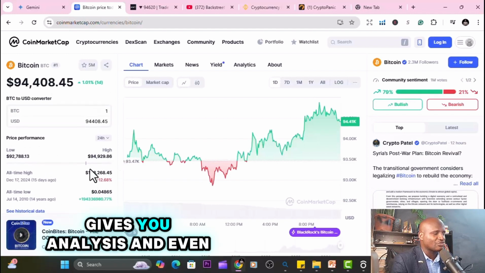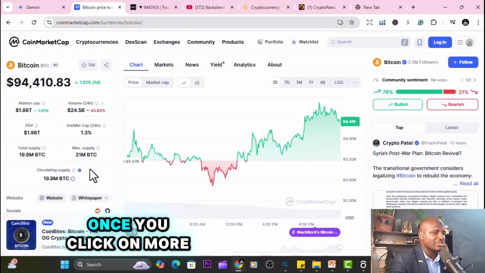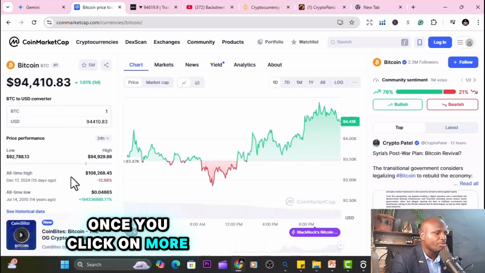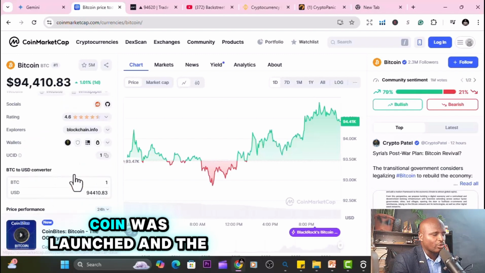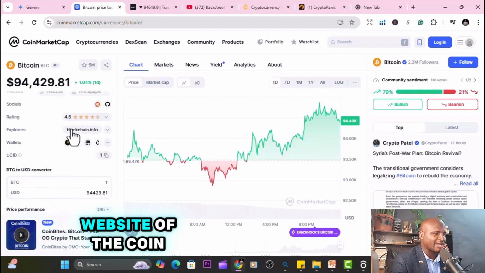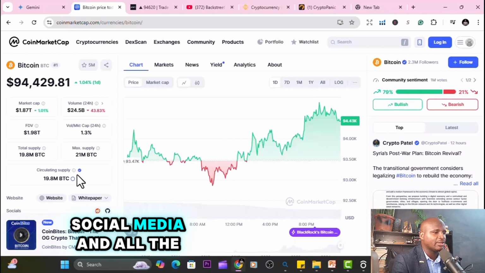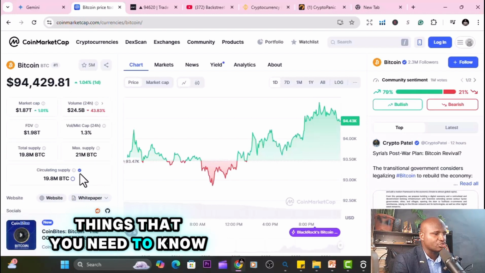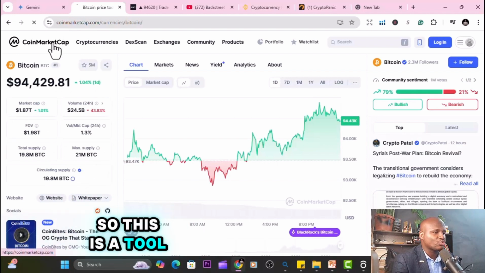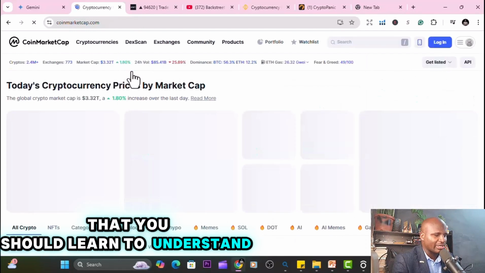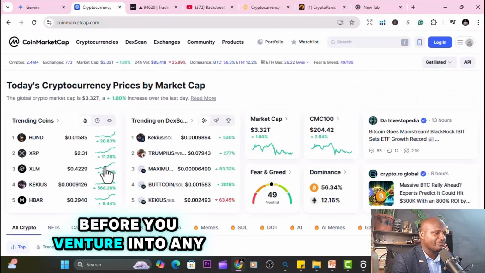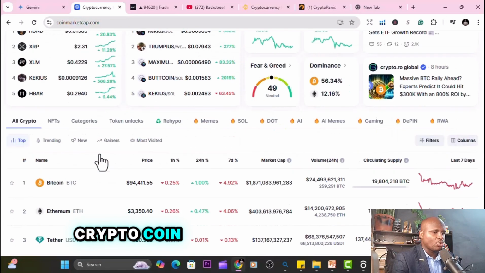So you can see it gives you analysis, and even once you click on more, it gives you when the coin was launched and the website of the coin, social media, and all the things that you need to know. So this is a tool that you should learn to understand before you venture into any crypto coin.